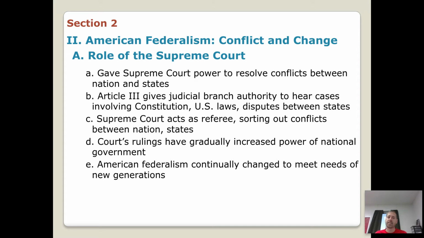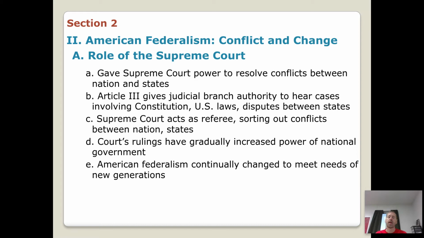Article 3 of the Constitution is specifically about the judicial branch, and it gives them the authority to hear cases involving constitutional issues, U.S. laws, and disputes between the states. We know the Supreme Court is impartial. They act as a referee or an umpire calling balls and strikes between the federal government and the states.